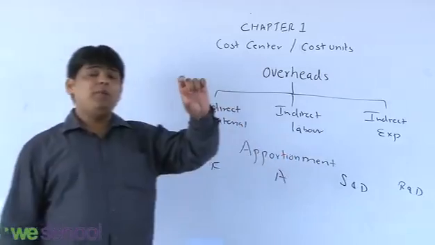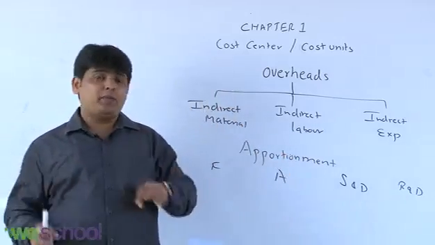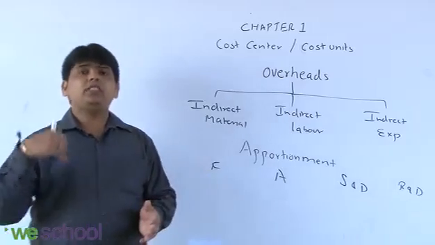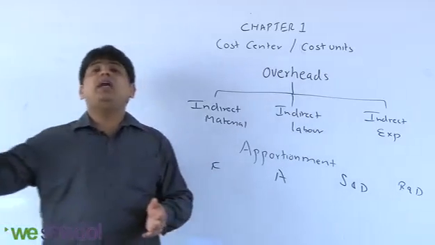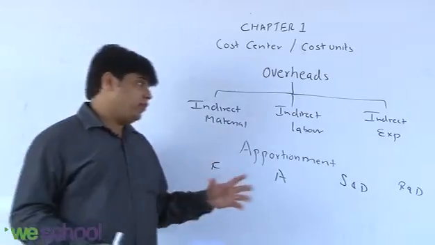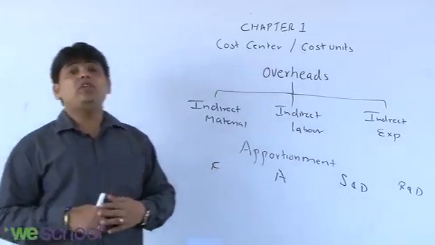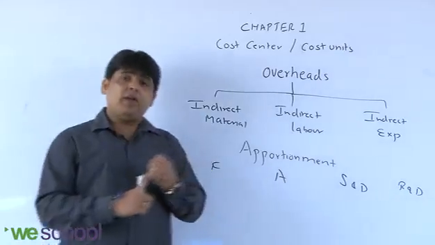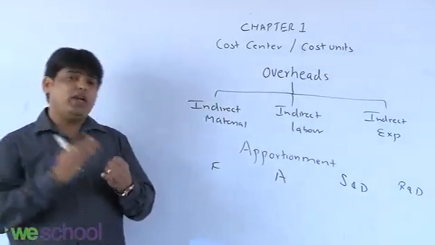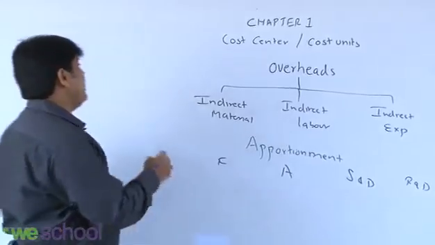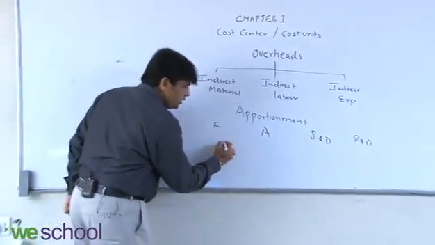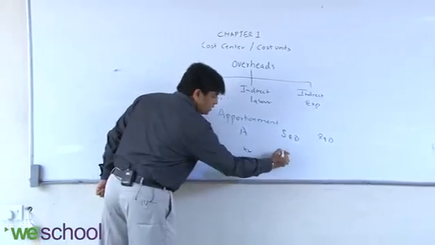So first prime cost, then allocation of some expenses on the basis of cost centers: factory expenses, office expenses, and selling and distribution expenses. Then afterward there are some common expenses which need to be apportioned. After bifurcating the prime cost, after allocating, after apportionment, we get a final total of all the expenses.